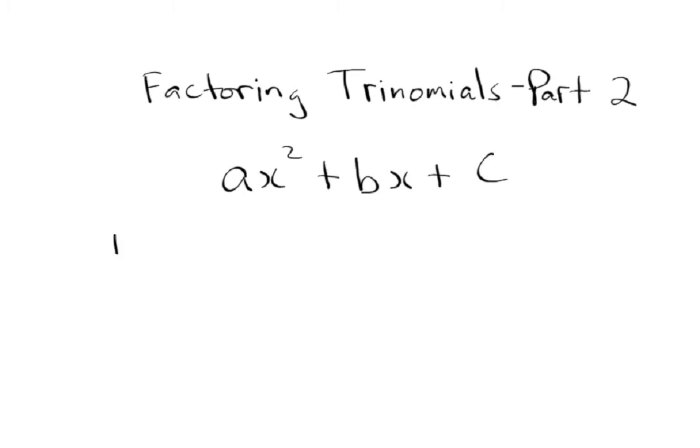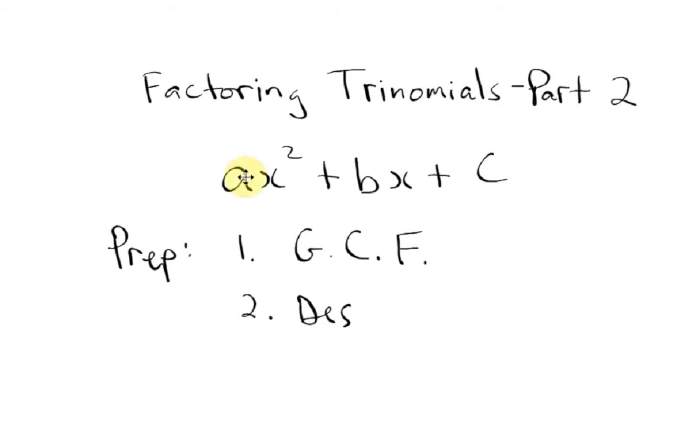Now, as far as prep work, you have to consider still taking out a greatest common factor. Okay, if there's a greatest common factor, you want to get that factored out. You also want to make sure that the thing is in descending order.